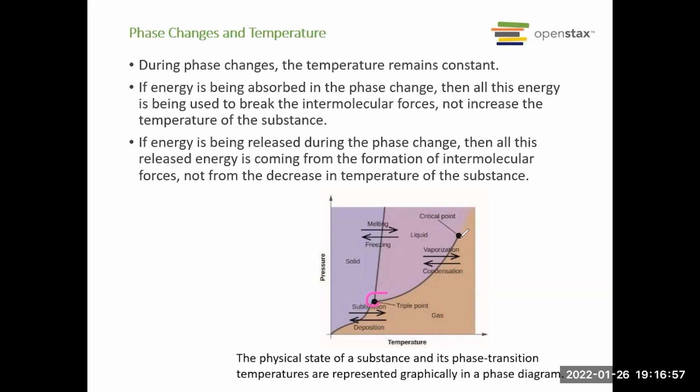Okay, so if we take a look at this, although there's no numbers here, usually they have numbers associated with the pressure scale and numbers associated with the temperature scale. So the way that you would read this is that you would go over to the line, and that would be the temperature that you would have that phase transition at that particular pressure.